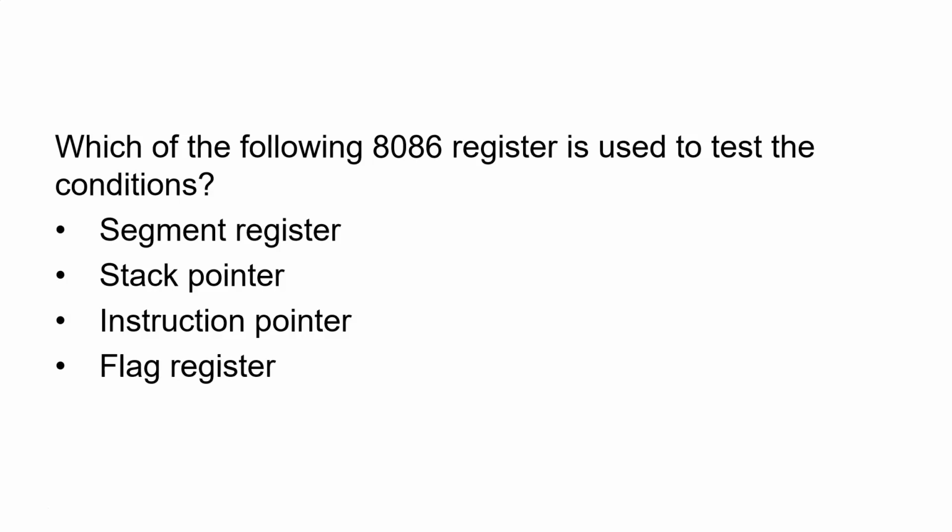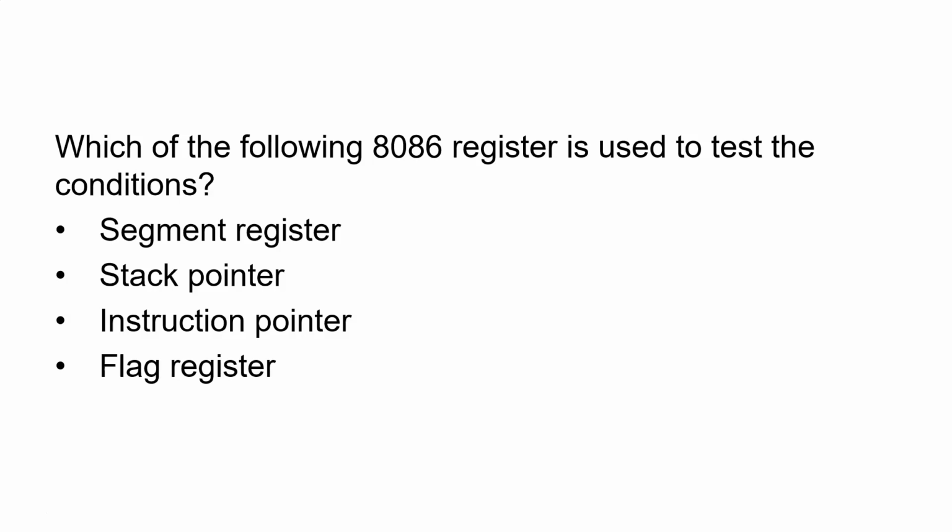Only if that condition is satisfied will the 8086 go to some other location and execute the subroutine there. If the condition is not satisfied, it will execute the next set of instructions. For that we have conditional instructions like jump on carry, jump on no carry, jump on overflow. Where do these condition flags exist? In the flag register.